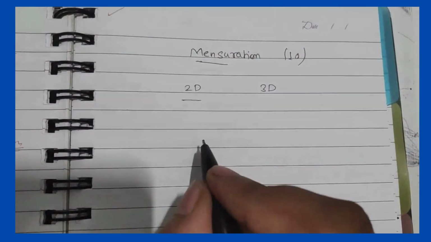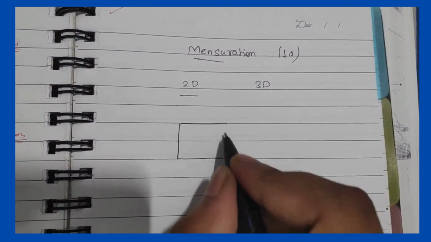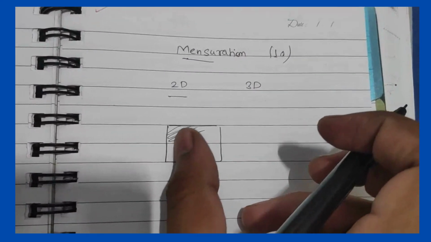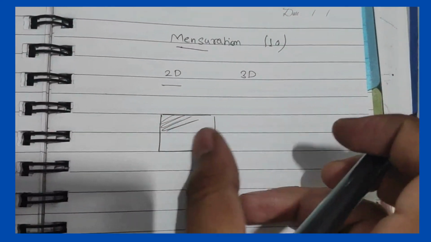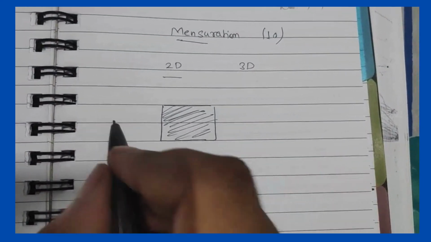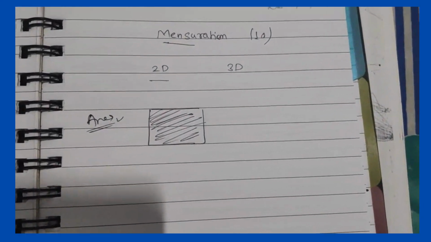If I start with a rectangle, so here we have a rectangle. This space is created, which I can touch and feel. That is called the area of something, right? So how that area is made, and how it is measured, I am going to tell.